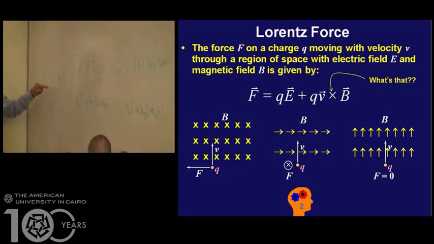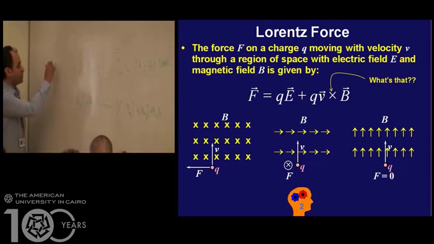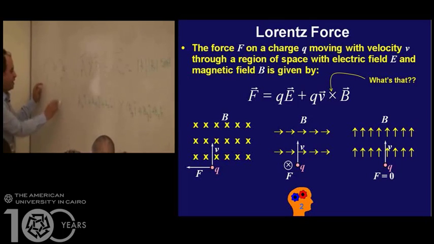I cross J gives you K. So if you multiply a vector along the I direction, cross a vector along the J direction, you get a vector along the K direction. J cross K, you get I. How about K cross I?